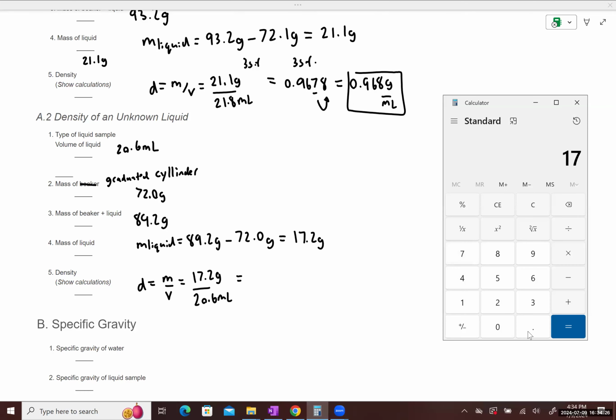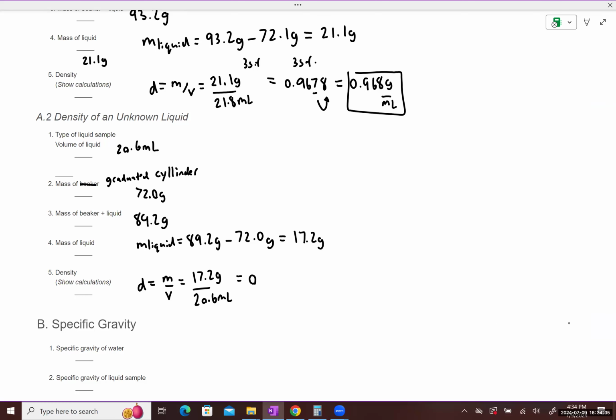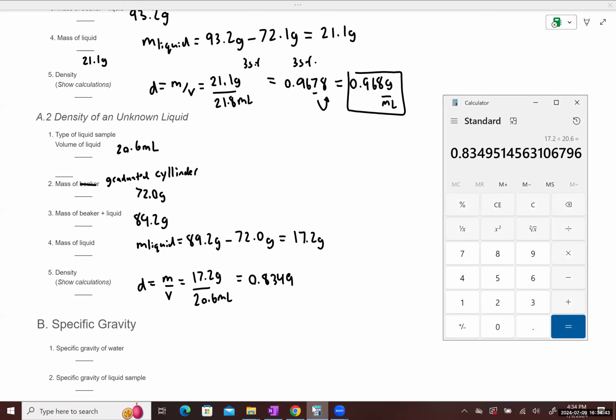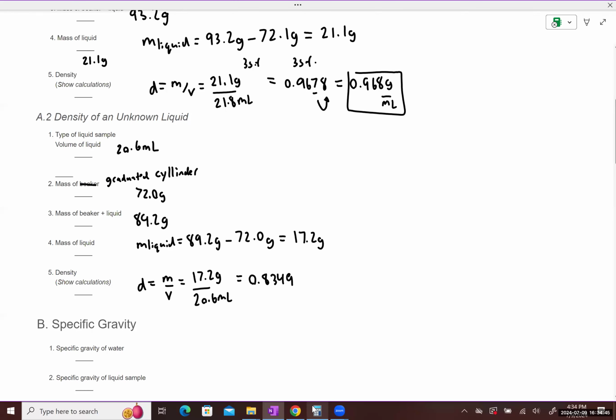So let's enter this now into our calculator. 17.2 over 20.6, and that gives us 0.8349. And we don't have to include additional digits because, again, these two initial measurements have 3 sig figs, so our final answer needs to be rounded to 3 significant figures.